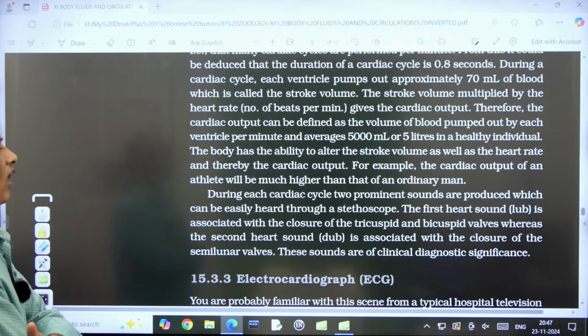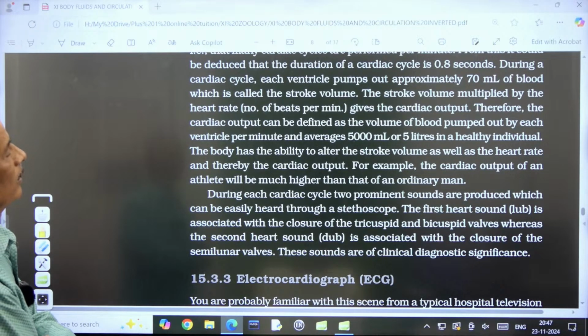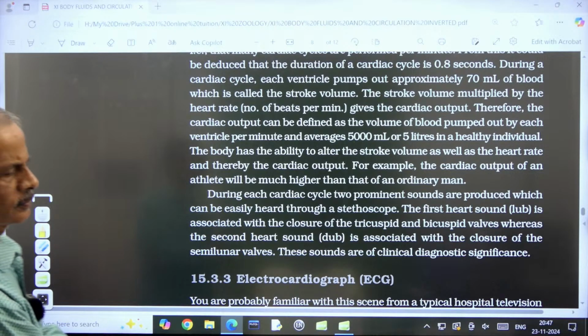These sounds are of clinical importance. Lub and dub sounds are very, very important in clinically assessing the functioning of the heart.